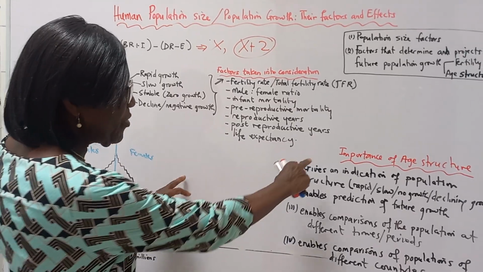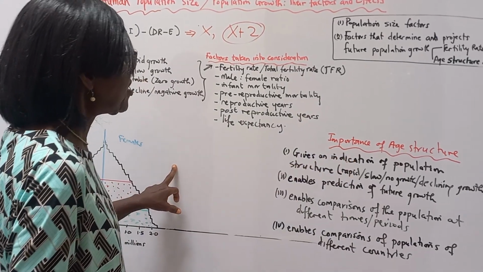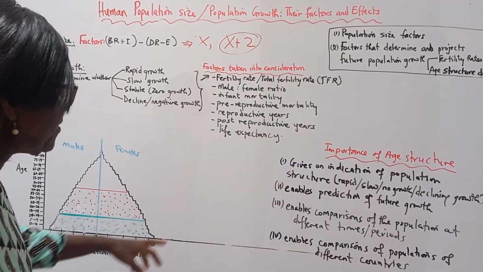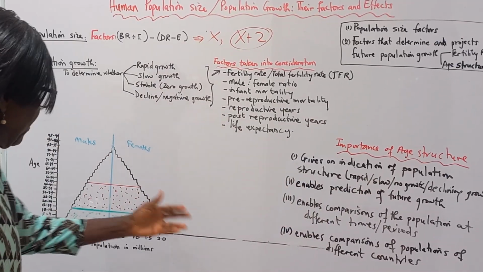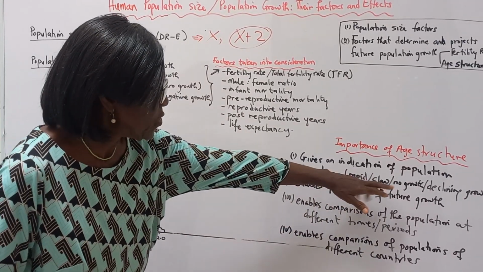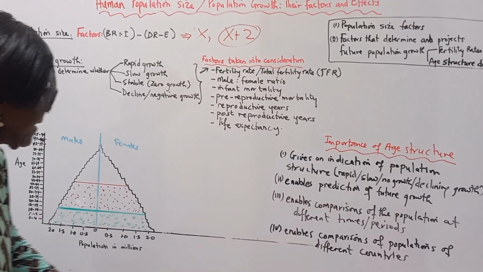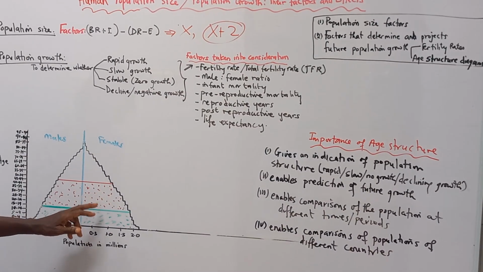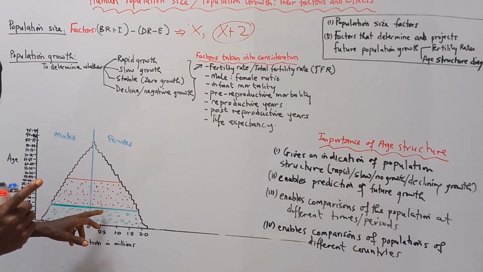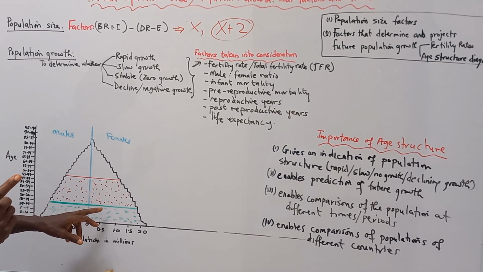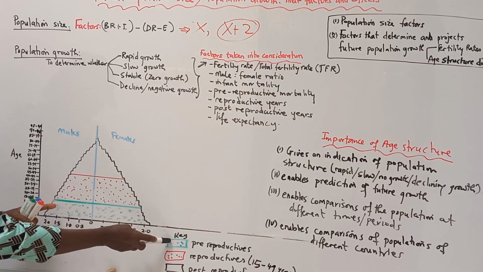So let's look at the importance of the age structure of populations. It gives an indication of population structure, whether the population is growing rapidly, slowly, or has no growth, or is declining, because if we have an age structure like this one, we can say this population has rapid population growth, because the key is here.